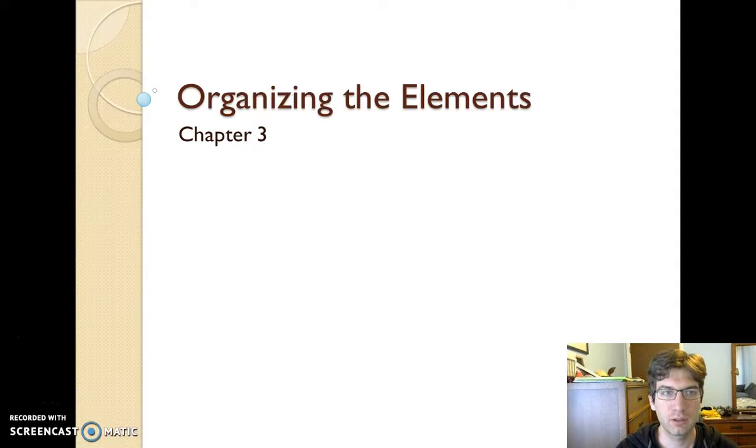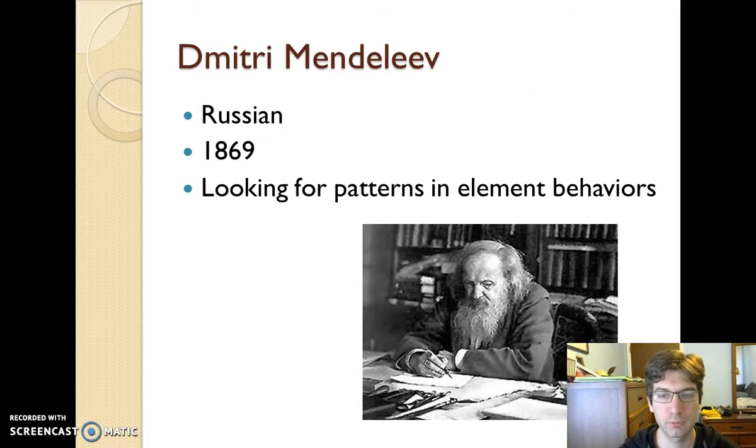All right, moving on, we are going to talk about the organization of the elements into the periodic table. This should be starting off with a little review from the YouTube video you just watched on Dmitry Mendeleev, and that's where we're going to actually start. A little bit about Dmitry Mendeleev, that was probably mentioned already in that video. He is a Russian scientist here, and then in 1869.